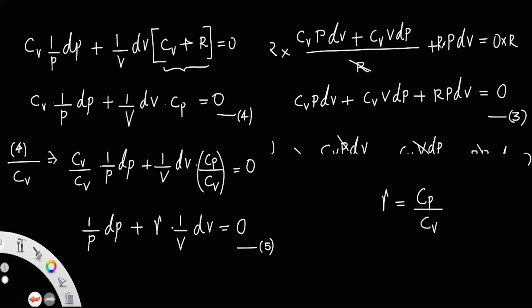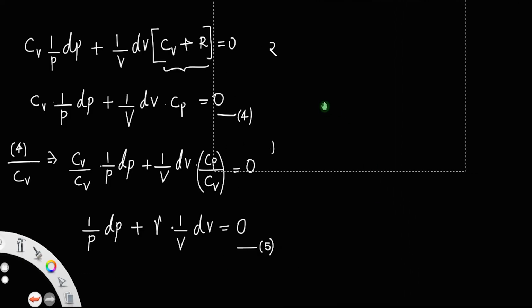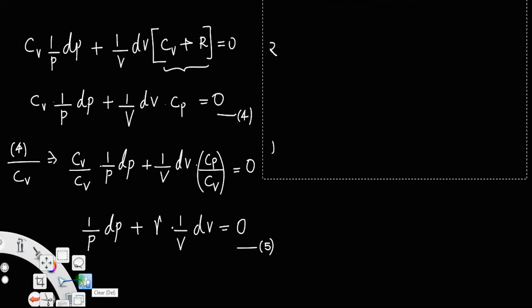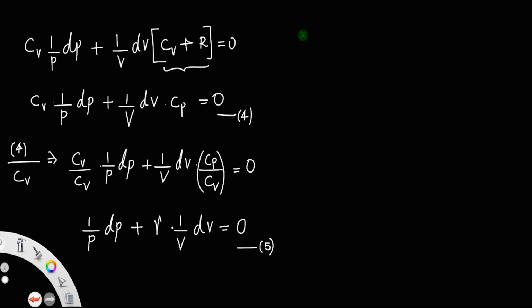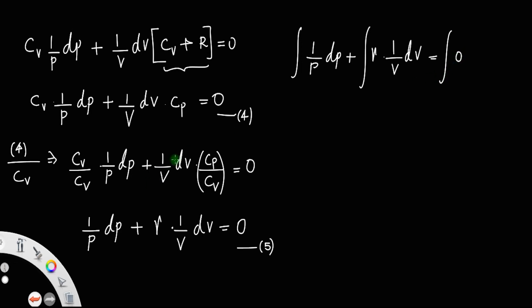Now you can integrate equation 5. If you integrate equation 5, what do you get? Integral 1 by P dP plus integral gamma times 1 by V dV equal to integral 0. Integral of 1 by P dP is log P, plus you can take this gamma out, gamma into integral of 1 by V dV is log V, equal to integral of 0, which is a constant.